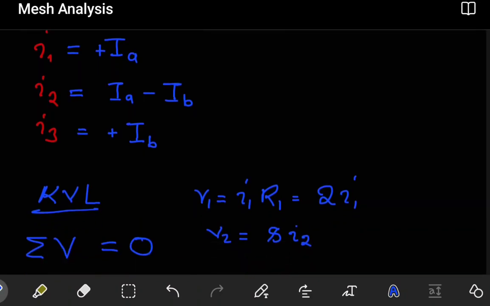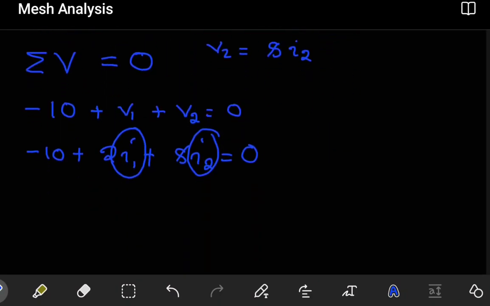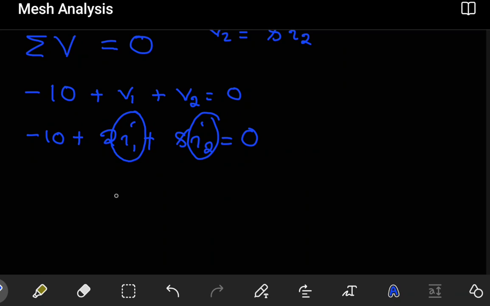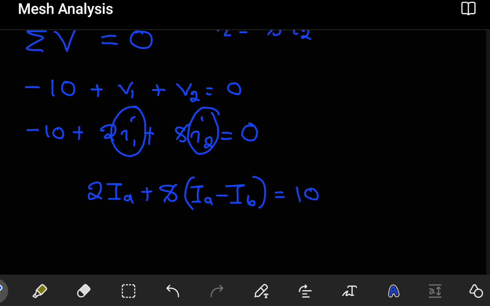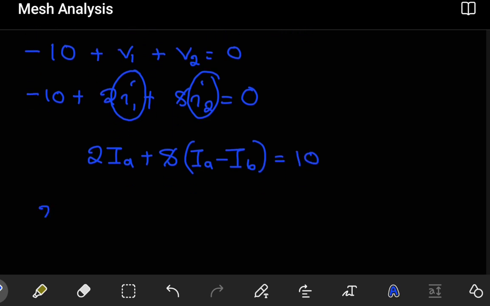I1 is the same as IA. I2 is IA minus IB. So this becomes, I'll take the minus 10 the other side, 2IA plus 8, then I have I2 here, which is IA minus IB. This is equal to positive 10. Then from here, this becomes 2IA plus 8IA minus 8IB.